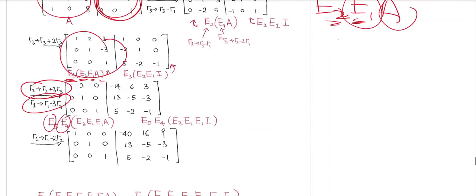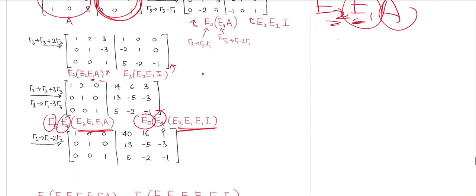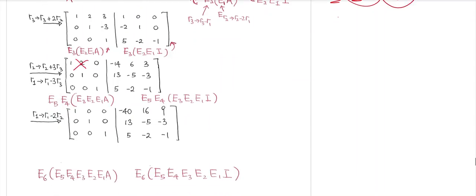Now you do two more row operations on this, and the same two on this. So this matrix is E5 E4 E3 E2 E1 A, and this is E5 E4 E3 E2 E1 I. Finally, you still need to do one last operation to kill the number 2.